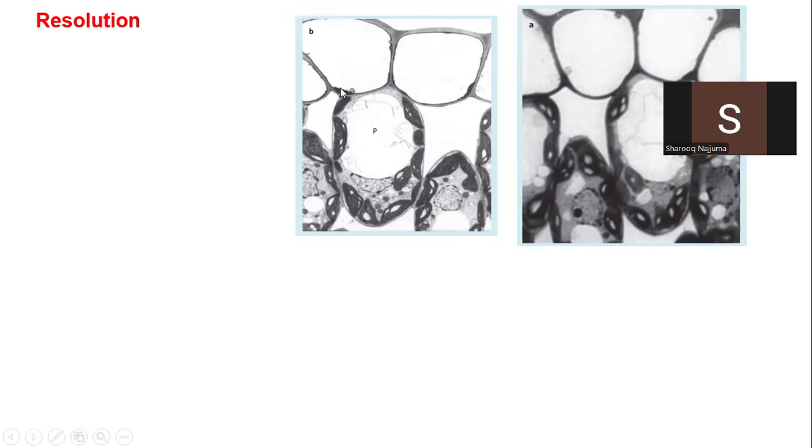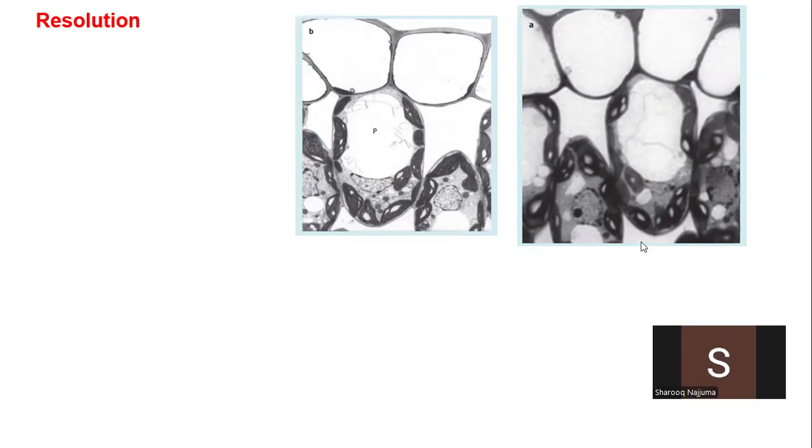Why? Because the image made by that microscope is much more clear. And actually, this micrograph B is coming from an electron microscope, but micrograph A is coming from a light microscope.